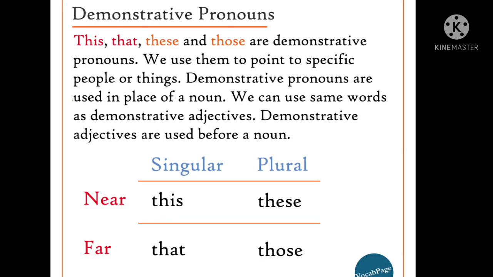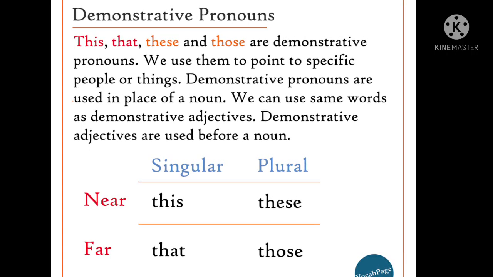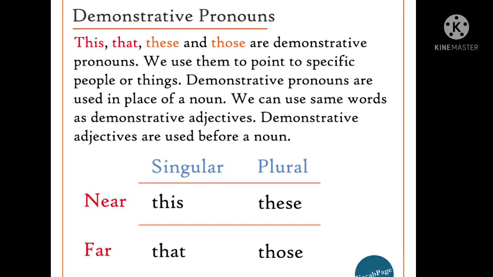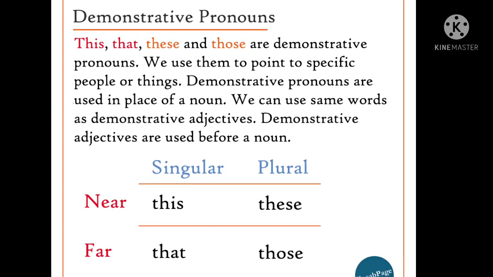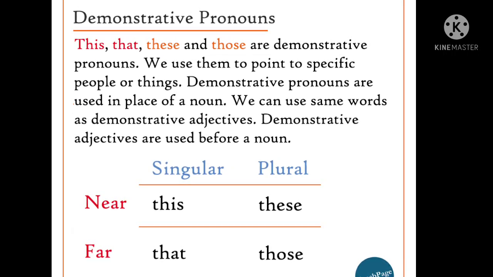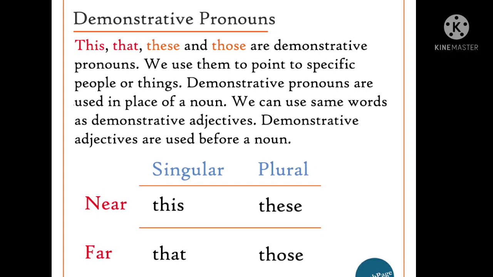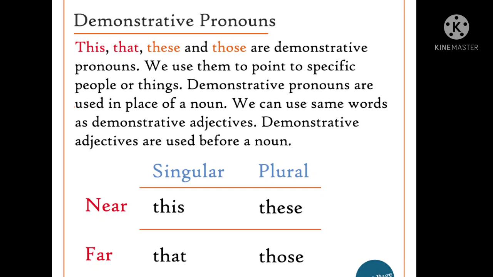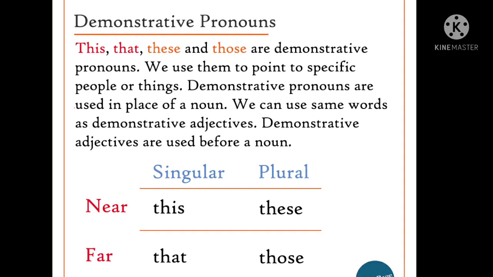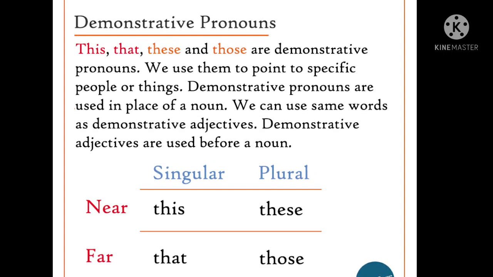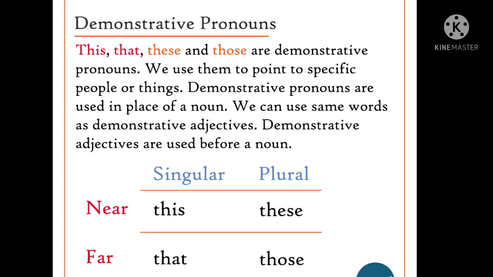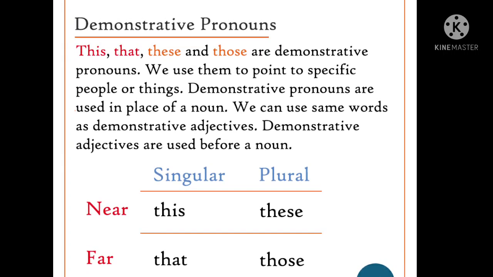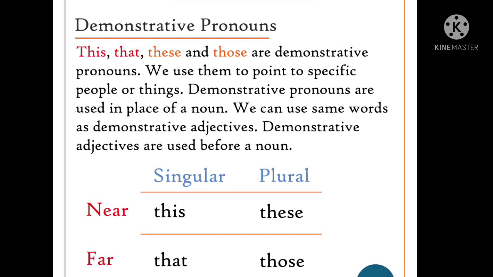Let's now proceed to the third type of pronouns, that is demonstrative pronouns. Demonstrative pronouns are used to point out the object or objects for which they are used. This and these refer to things lying near at hand, whereas that and those refer to things lying at a distance.